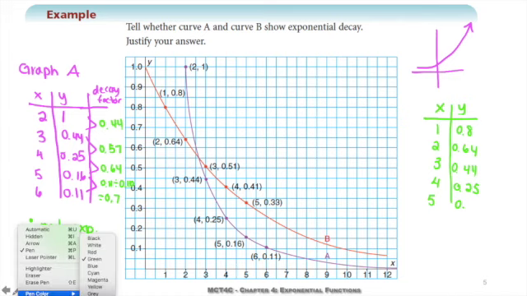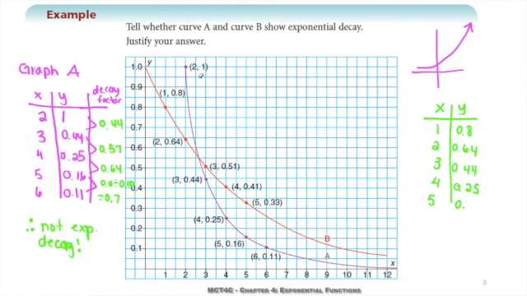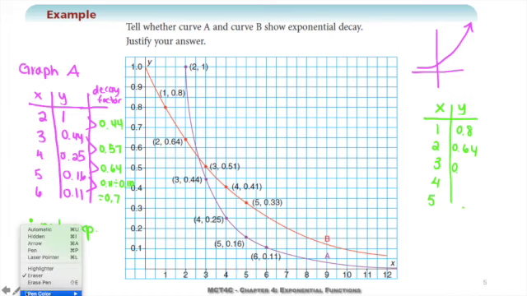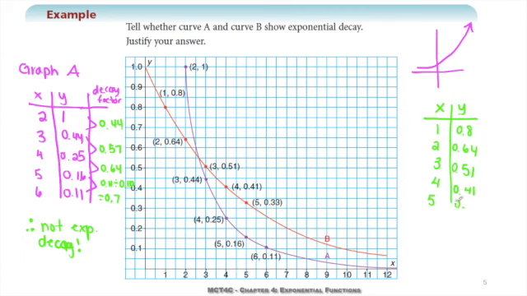I was looking at the wrong graph. Should have been looking at 1, 0.8, 2, 0.64, 3. My apologies. My eyes wandered to the wrong graph. So 3, 0.51. There we go. I apologize.